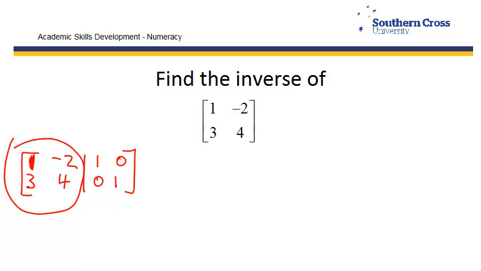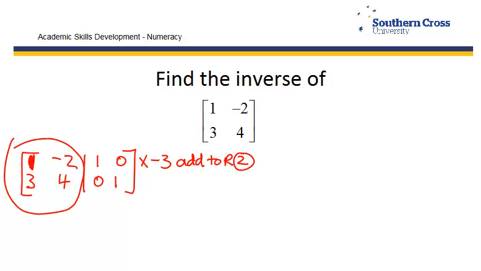What we need to do now is perform row multiplication and addition. This first row has just been made, we've just checked our 1, and we're going to multiply that row by negative 3, and add it to row 2.